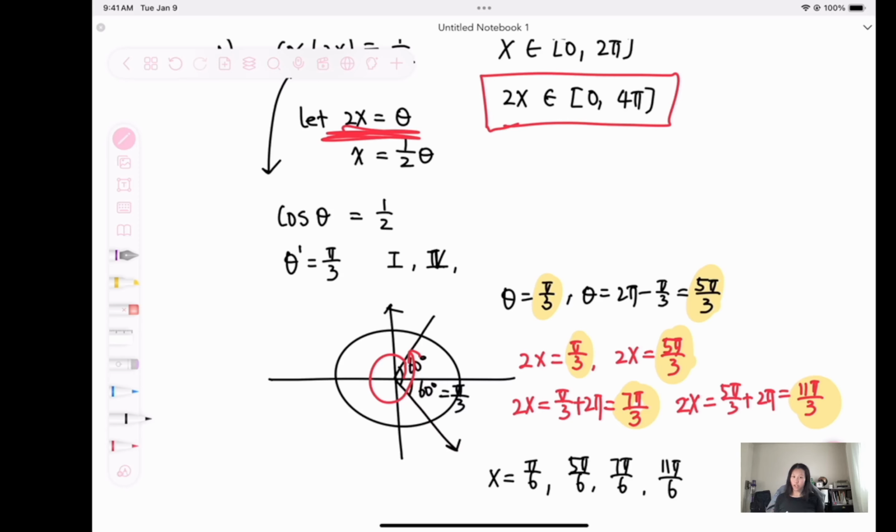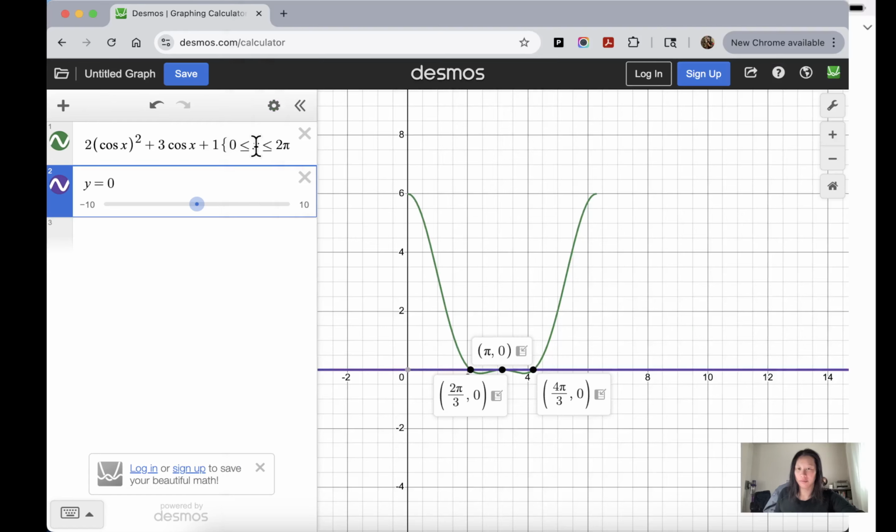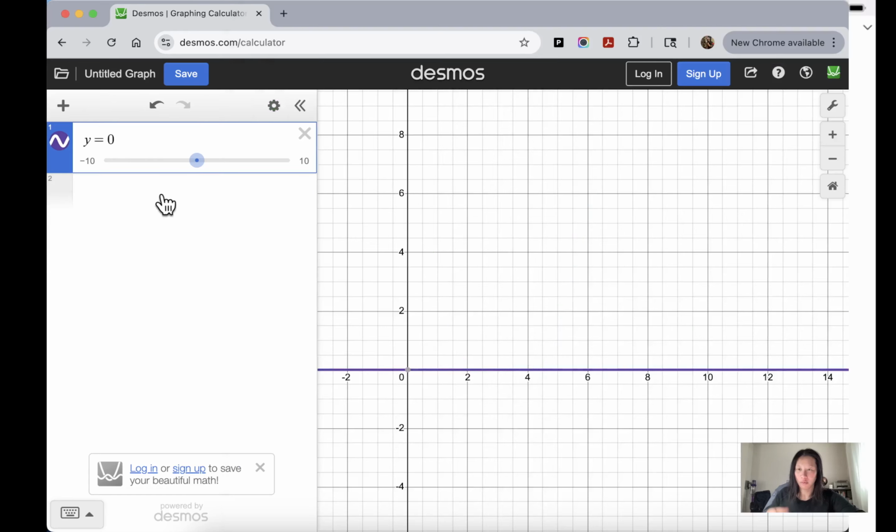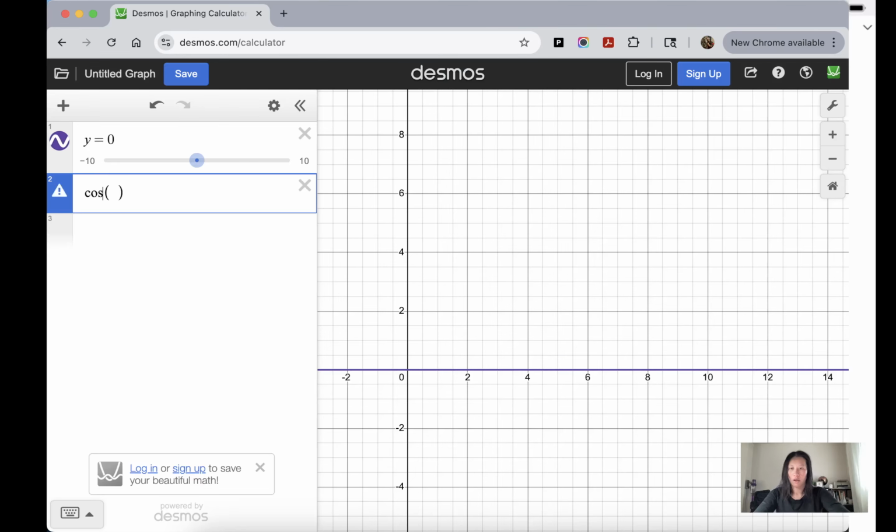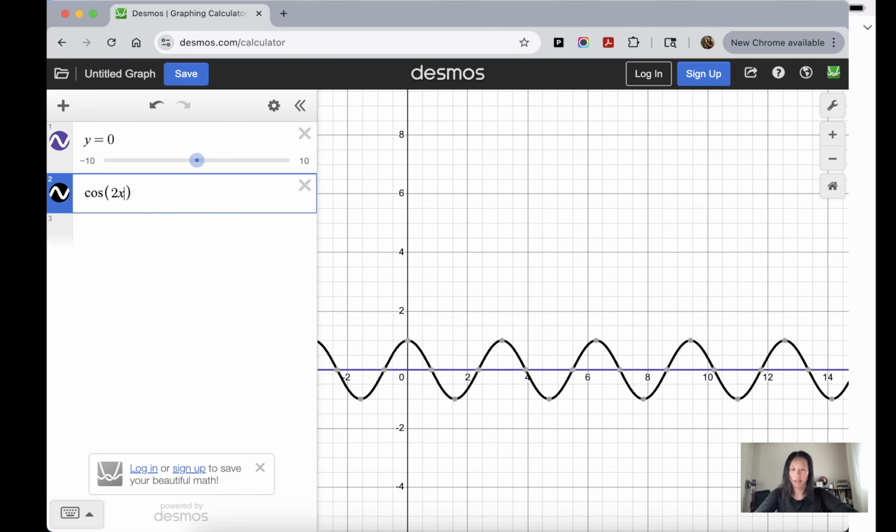And also, we can check our solution on decimal. Let's check it on decimal, see if we got 4 solutions. Let's take a look. We can keep that yellow line. Cosine 2x, okay, that's cosine 2x, and this equals 1/2.